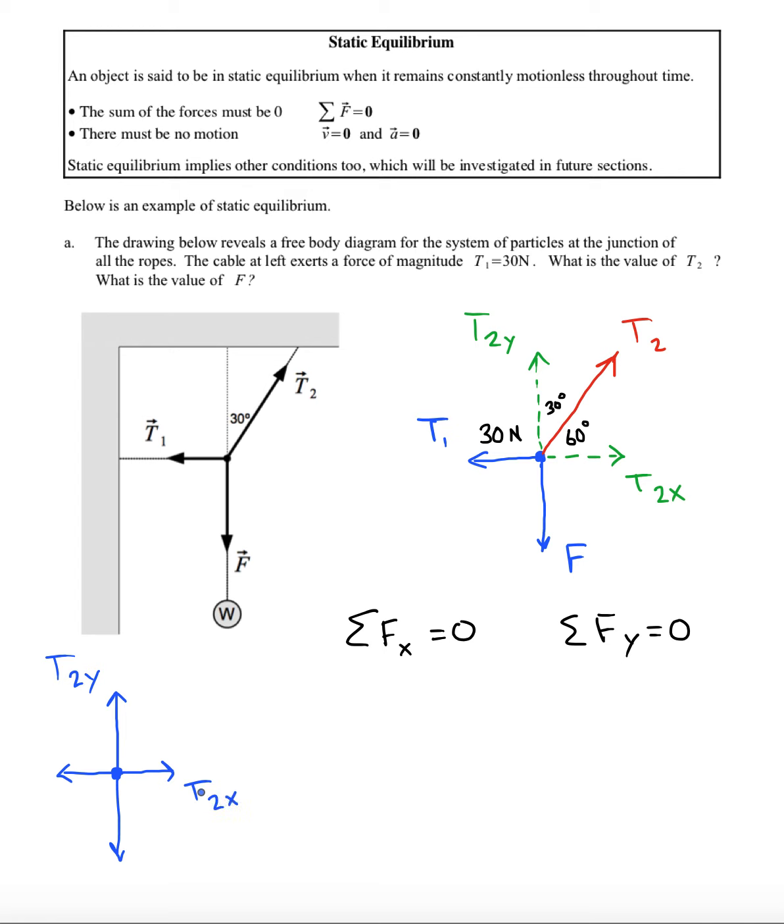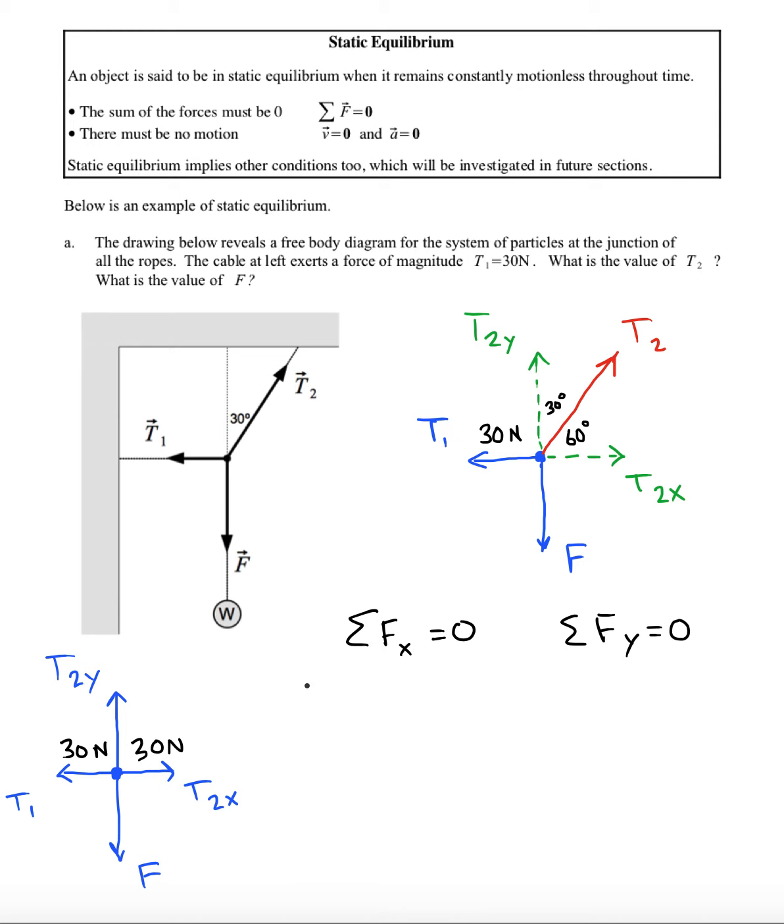T2y and T2x will add to equal T2. So we don't need T2 anymore. Now this lets us see that if T1 is 30 newtons, then T2x has to also be 30 newtons. It's the only way that we could achieve the sum of forces in the x direction being zero.